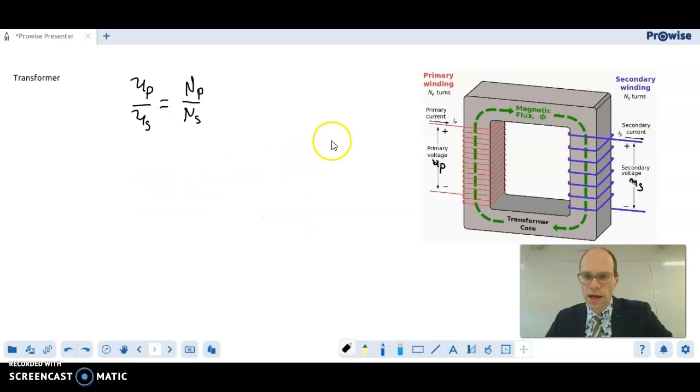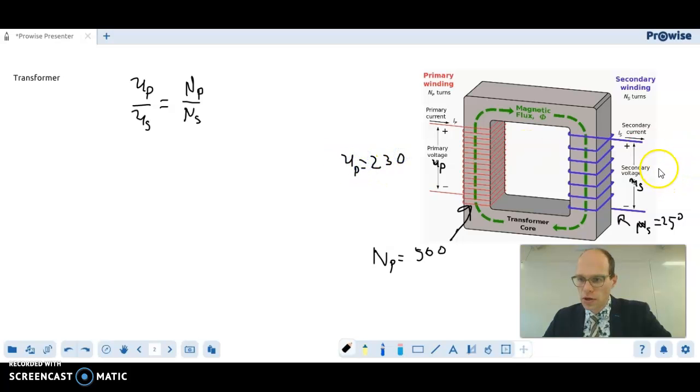So if I would have over there 500 windings, and that is then NP, and over here I have 250 windings, so NS is 250, and we start with the mains with 230 volts, so UP.